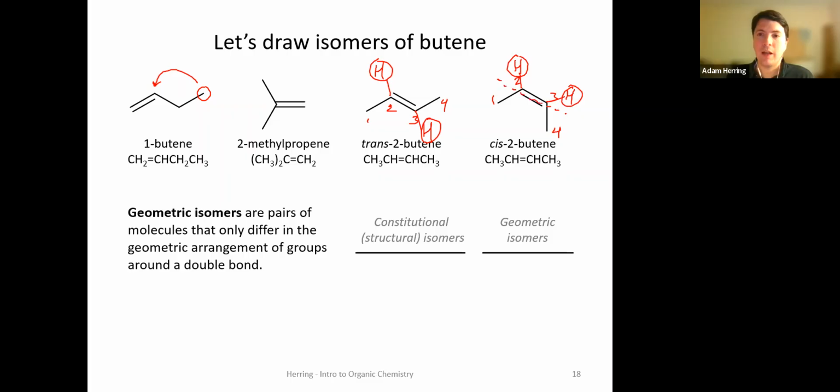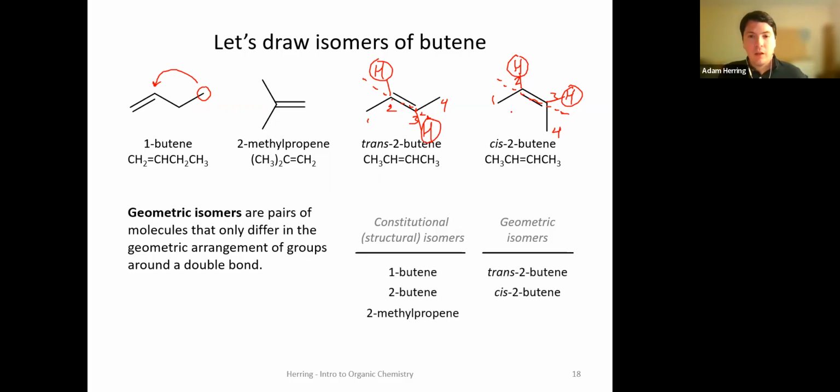So if you draw a line down that double bond, you can see that in one case, they're on opposite sides of that line, or they're on the same side of that line. And we will see shortly that that's one of the tests for geometric isomers. So here we have 3 constitutional isomers: 1-butene, 2-butene, and 2-methylpropene.